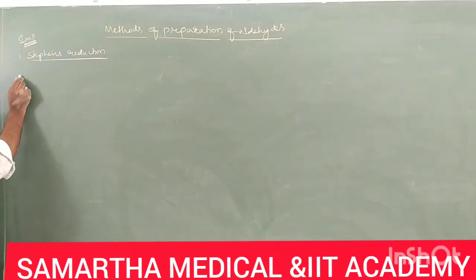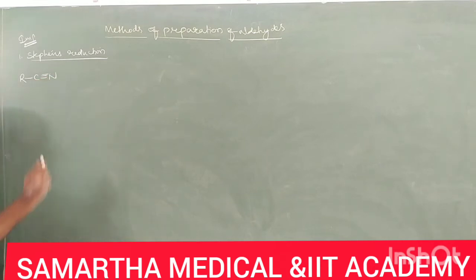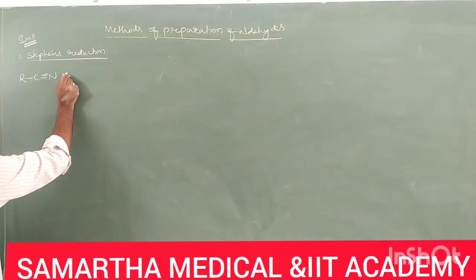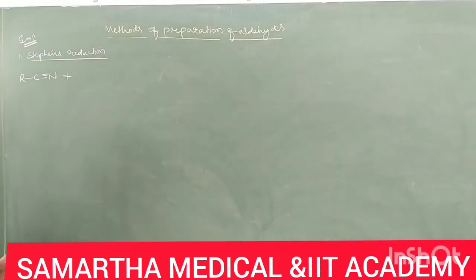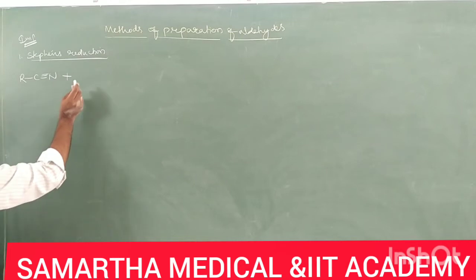alkane nitrile, that is RC triple bond N, alkyl cyanide or alkane nitrile, undergoes reduction in the presence of stannous chloride and hydrochloric acid. They undergo reduction in the presence of SnCl2 and hydrochloric acid.